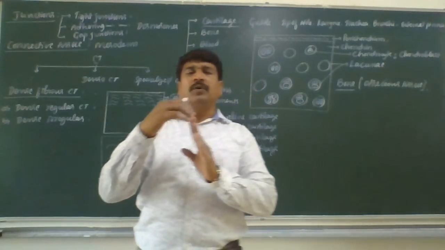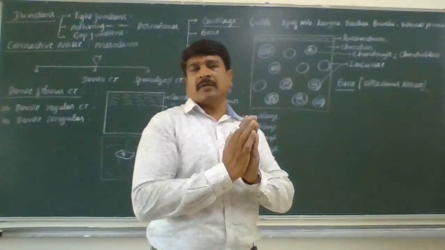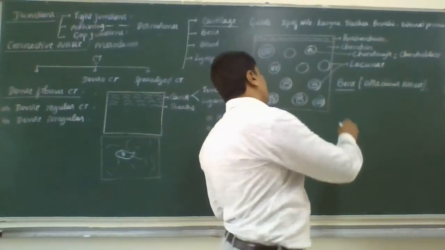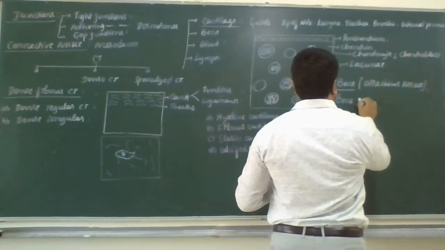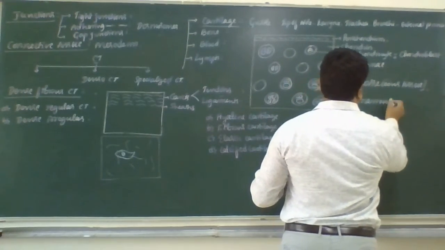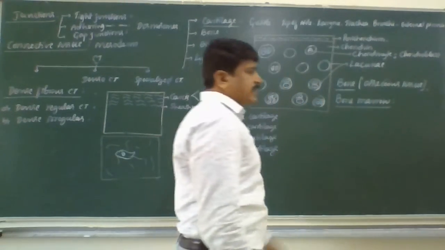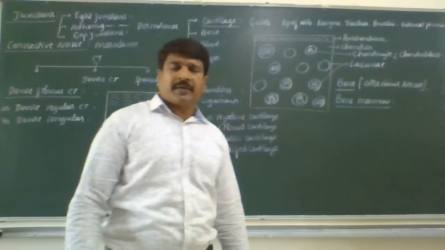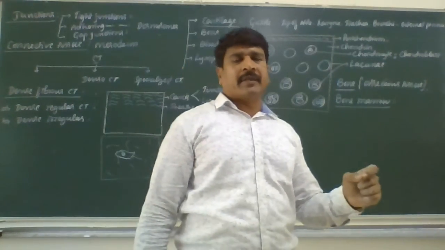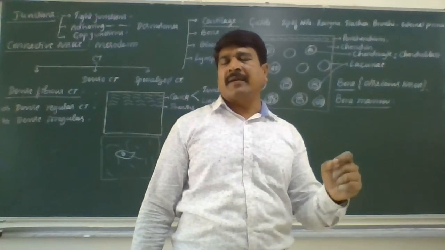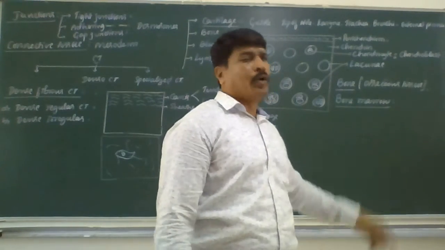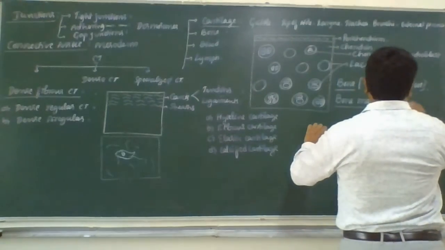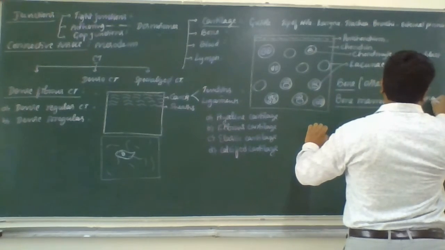Exactly at the center of the bone there is a cavity filled with fluid, vascular and adipose tissue, called bone marrow. Bone marrow is of two types, namely red marrow and yellow marrow.